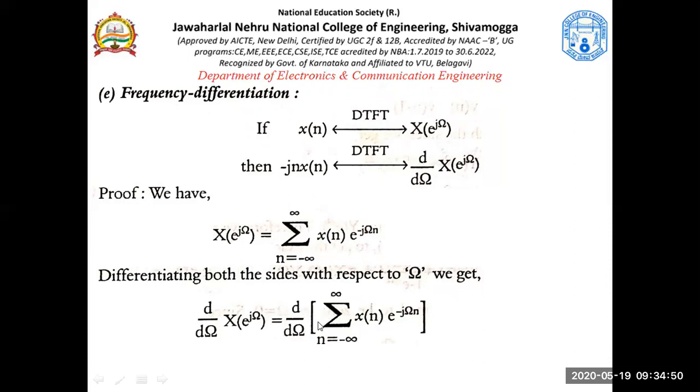The rest have got nothing to do with the differential. That's why this part, the function of n, is taken out. This exponential is also a function of n, but remember there is an omega here. So that has to be differentiated with respect to omega, and the rest, which is not a function of omega, is taken out. That is what is done here.